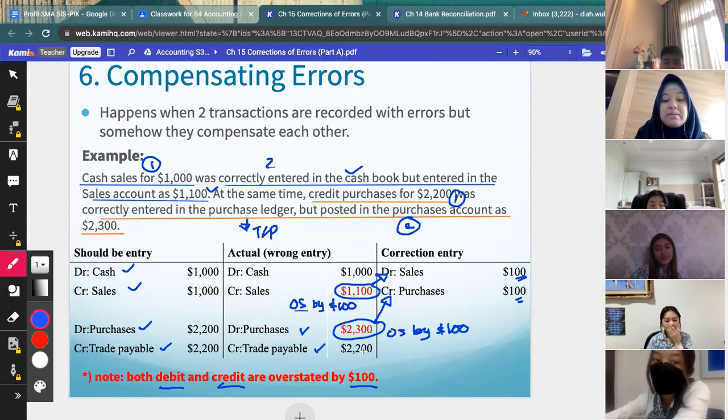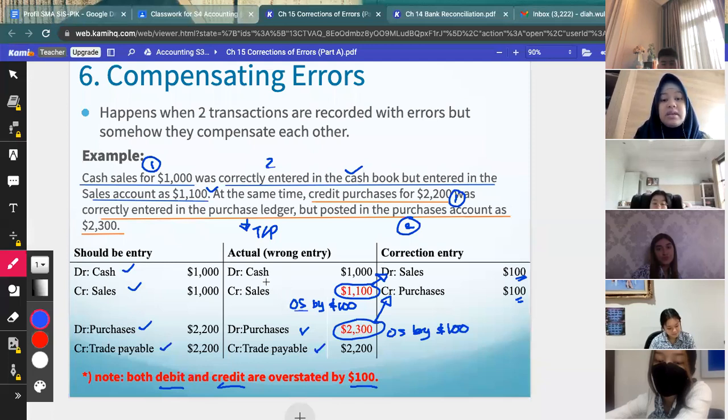The trade payables is correctly entered by 2,200 because it said so. But continue, yeah. But posted in the purchases account as 2,300. So you record purchases with 2,300. Now, from this transaction, it makes the debit side overstated by 100.